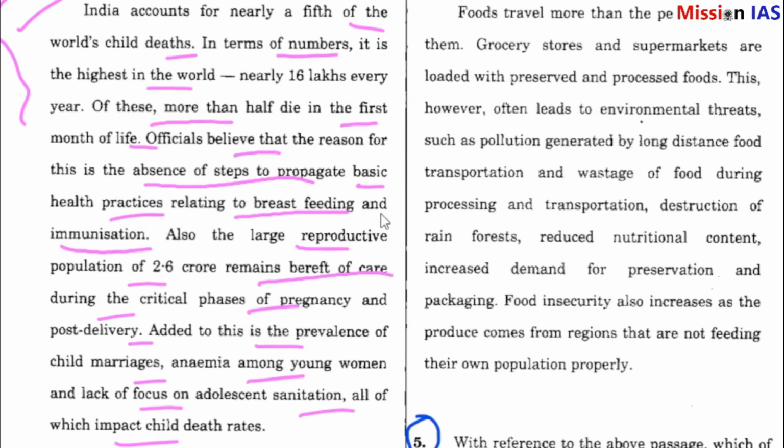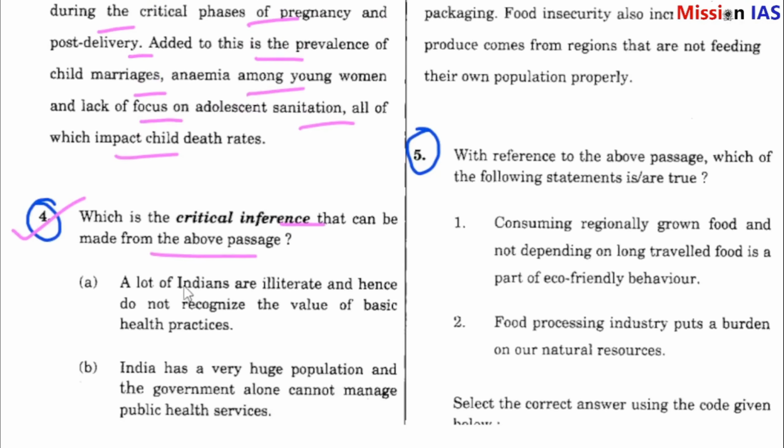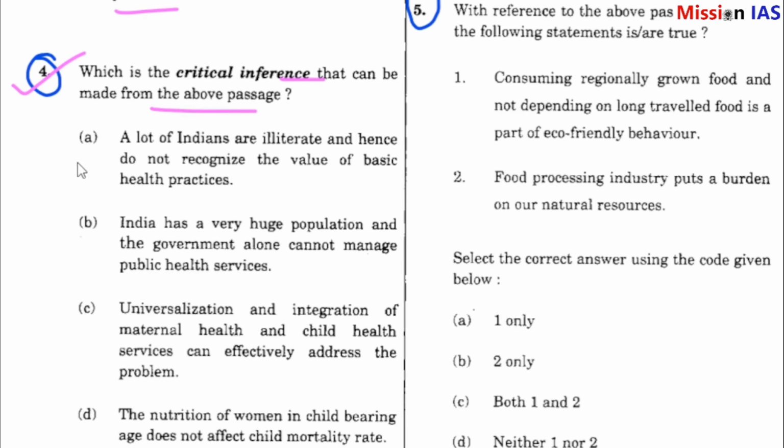From this passage, we understand child mortality rates, pregnancy time, mother's care, pre-pregnancy and post-pregnancy care, and sanitation. So we need to look at the options first. A: A lot of Indians are illiterate and hence do not recognize the value of basic health practices.